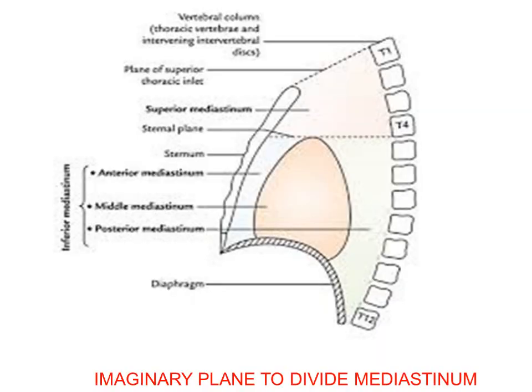In this slide, we can see the imaginary plane which is dividing the mediastinum. This plane extends from the sternum to the inferior border of T4 vertebra.